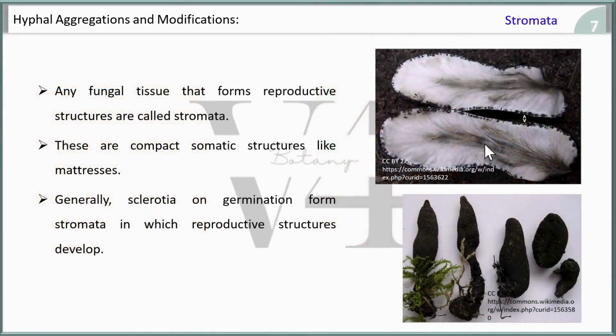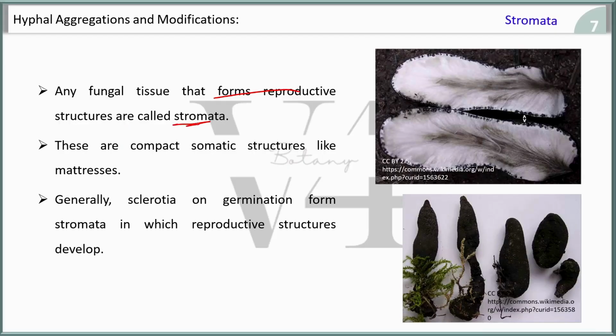Now the last hyphal aggregation and modification is stromata. Please remember the term stromata. It is not stomata that is found in plants. Any fungal tissue that forms reproductive structures is called what?